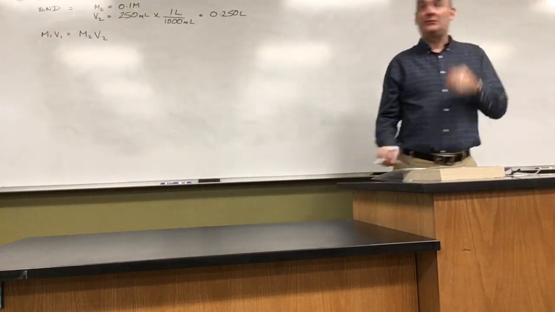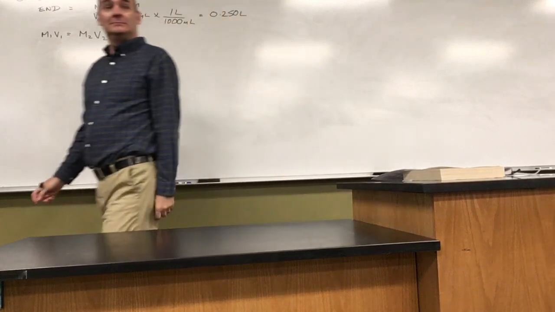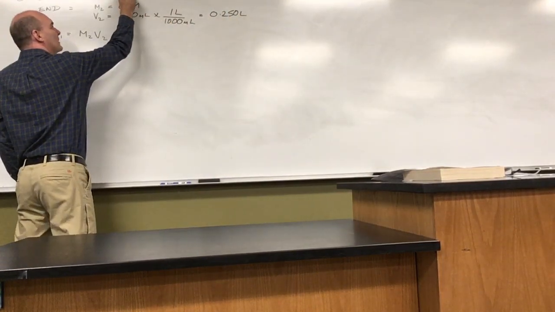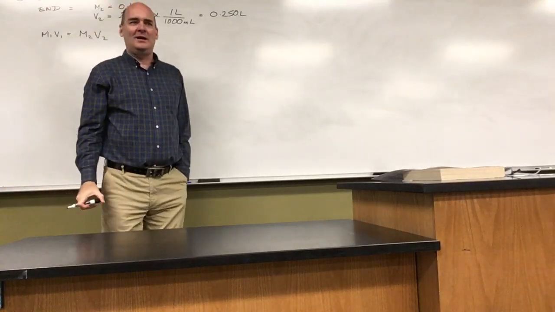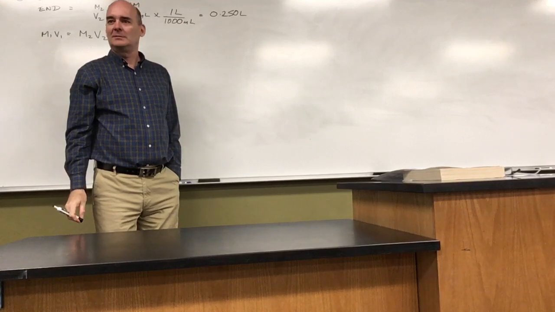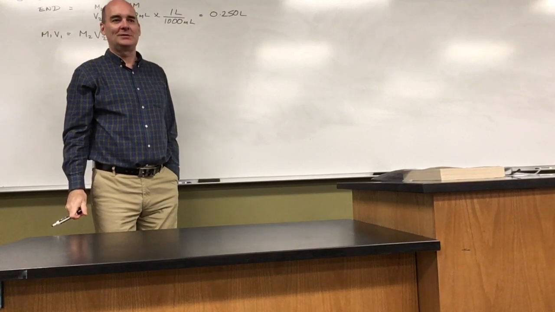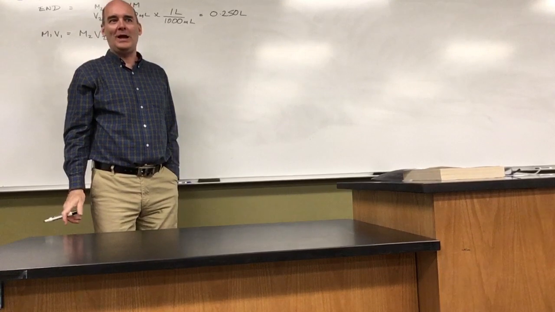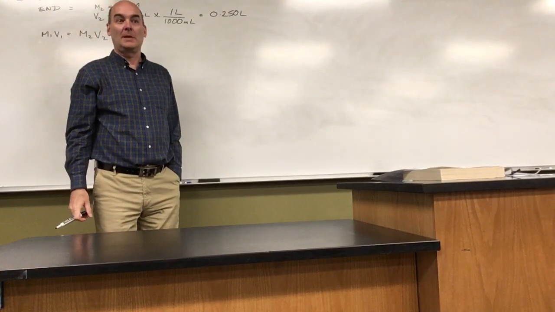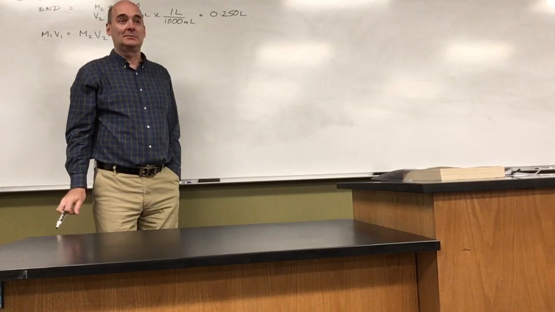And then what is V1? Yeah, V1 is the missing number, but it says a liter in the question. That's the very first thing that's in the question. The very first number in the question is you have 1 liter of stock solution. That number's a red herring.